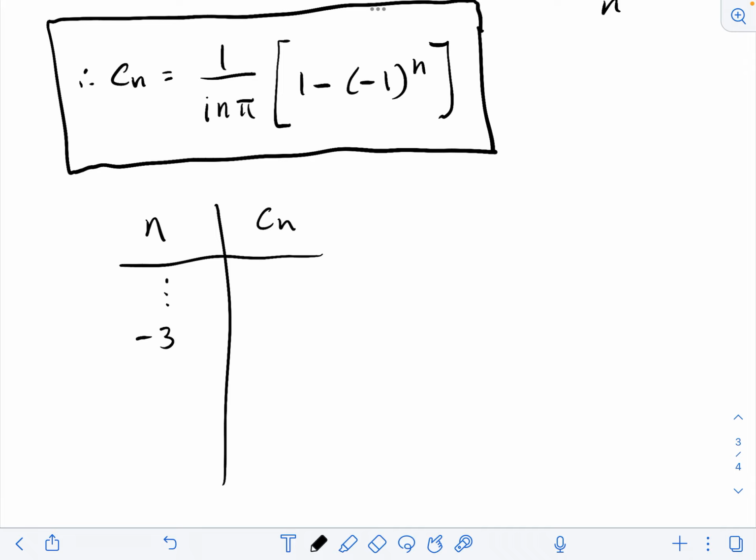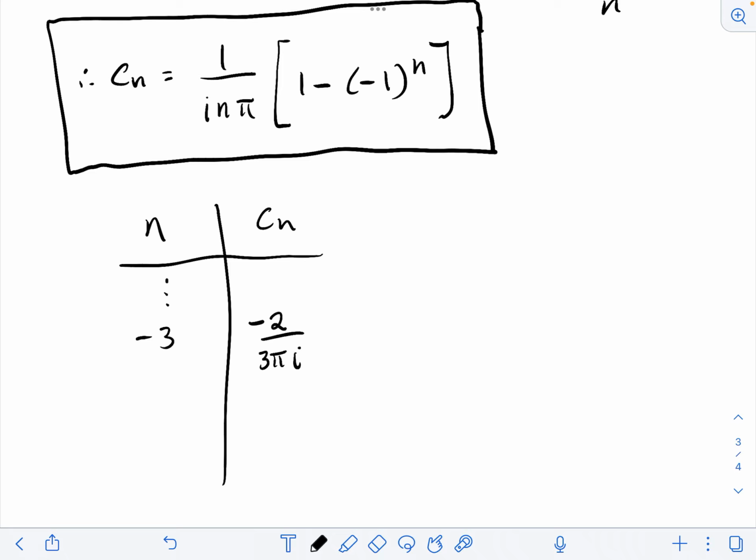If we did minus 3, let's look inside the brackets first: 1 minus minus 1 would be 1 plus 1, so we'd get a 2. So we'd have 2 over 3 pi i, and there would be a minus sign because n is negative.